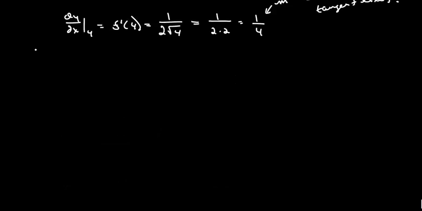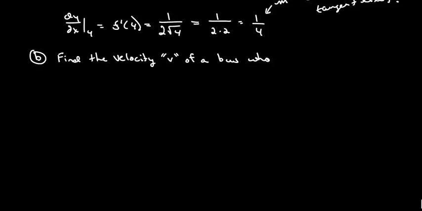For B, it asks us to find the velocity, they're calling it v, so find the velocity v of a bus whose distance function is given by f of t, distance, is equal to t to the third. Okay, so then we go ahead and go through this.